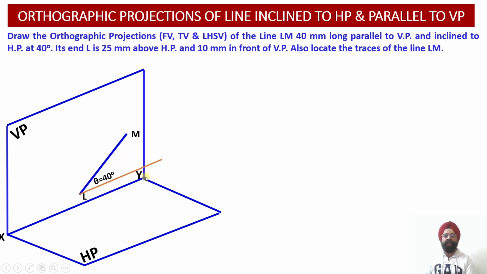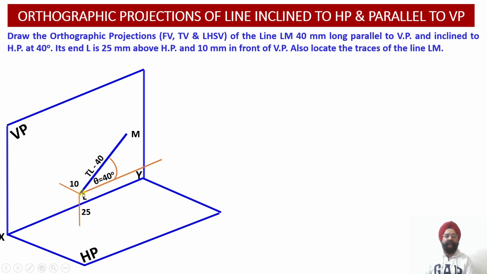Now we know that this line LM is parallel to the vertical plane and inclined to the horizontal plane. This angle of inclination of the true length LM, which measures 40 mm, with respect to the horizontal plane will be denoted by angle theta, and this angle theta is equal to 40 degrees.